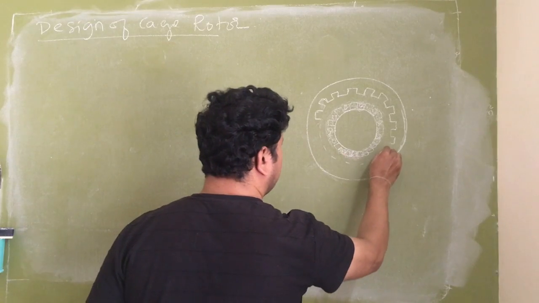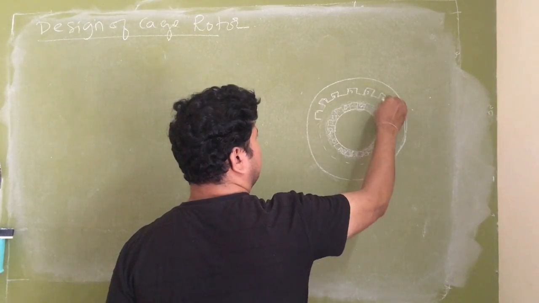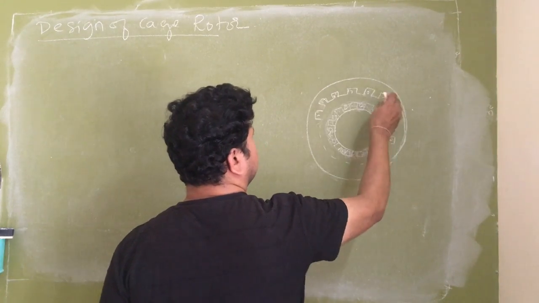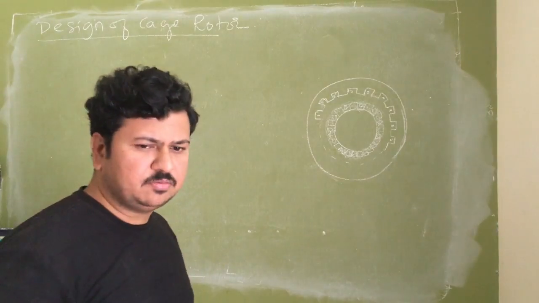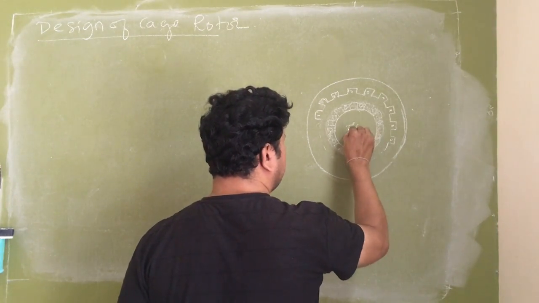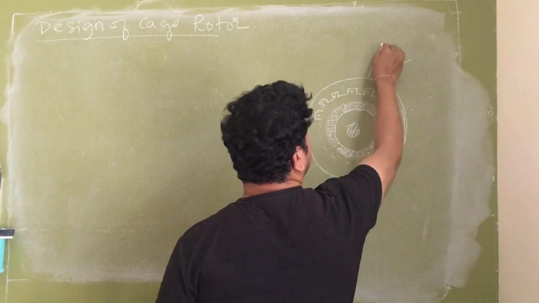I will not write completely. Let us finish here. The stator has got winding, whereas the rotor has got bars. This is exclusively a squirrel cage induction motor. This is the shaft with key.